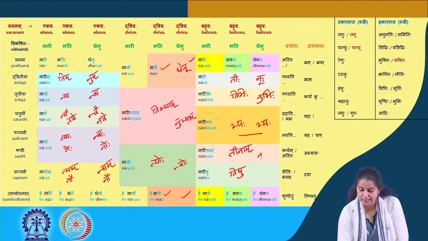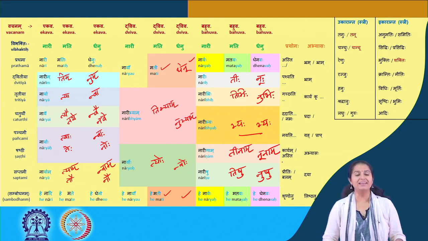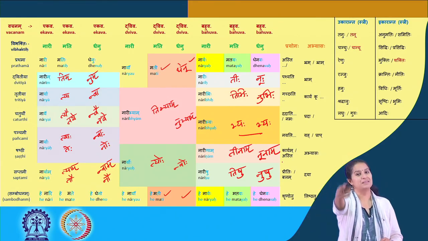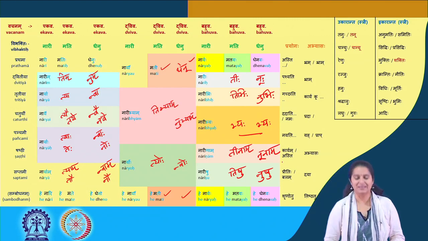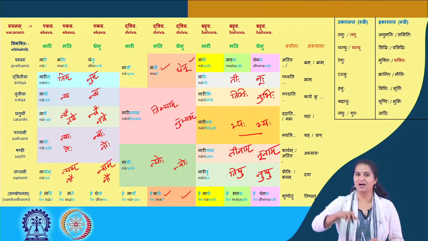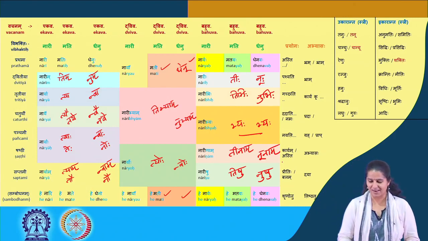Then dhenunam, uttamam, and dhenushu, he dhenavaha. Astu. So we do that together. Matayaha, matihi, matibhihi, matibhyaha, matinam, matishu, he matayaha, and with dhenu, dhenavaha, dhenuhu, dhenubhihi, dhenubhyaha, dhenunam, dhenushu, he dhenavaha, uttamam.